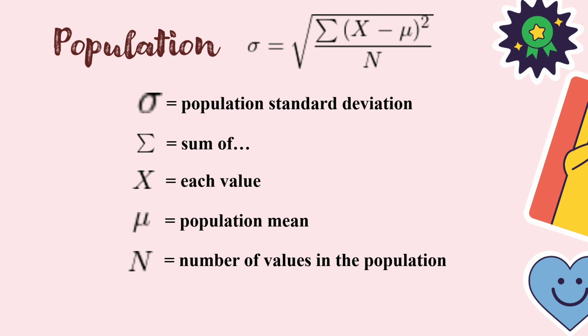The population standard deviation formula looks like this: the square root of the summation of (x minus mean) squared over N, where the N here is a capital letter because it represents the population.